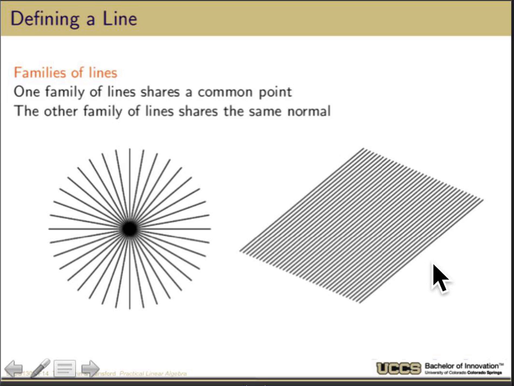If they share the same normal but go through different points in space, then they end up forming parallel lines like we see in this structure here. We can define other kinds of families. Families really come from having a representation and saying, I'm going to make them share some property within that representation. You might think about what other kinds of families there could be. It might be easier after we talk about other kinds of representations, and then we can come back to that.